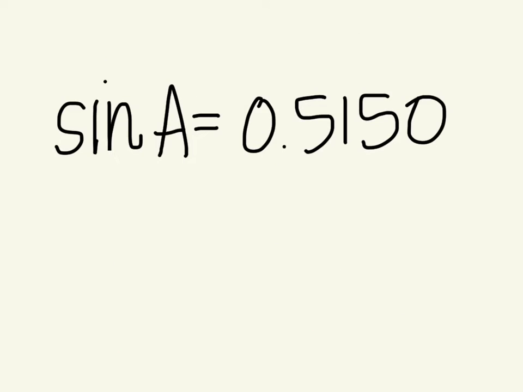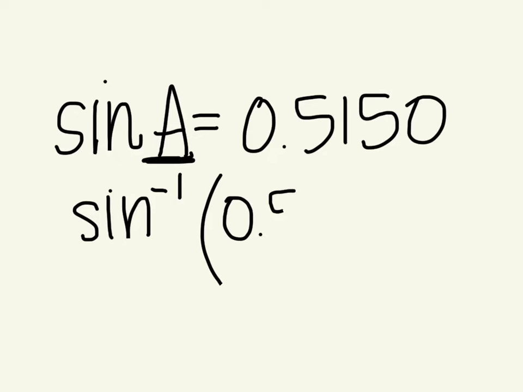Another way, without the drawing of a triangle, to represent finding the angle measure would be something like this. The sine of angle A gives us the ratio as a decimal, 0.5150. Converting that into what we have seen so far, it's asking for the inverse sine of the ratio that gives us the decimal 0.5150.